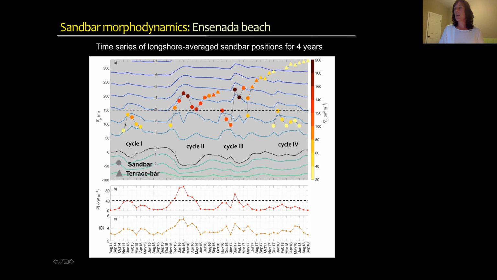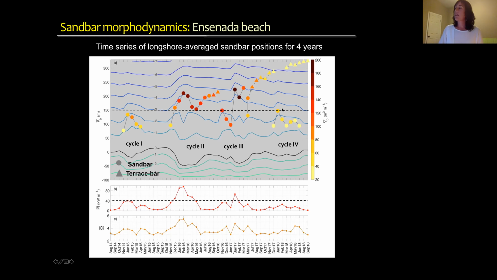So for the first cycle, the sandbar didn't cross that cross-shore boundary. While that happened during the highly energetic El Niño, the sandbar went beyond the cross-shore boundary, and so the sandbar wasn't able to weld to the shoreline during the summer.